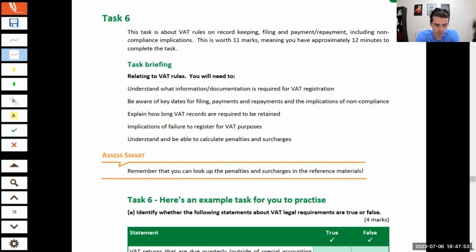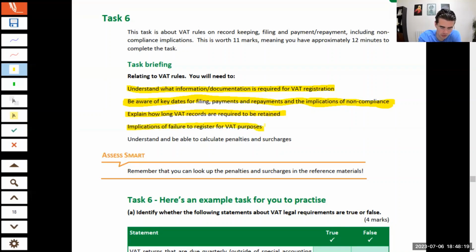So what do we need to know? Again, we need to understand key documentation, for VAT registration this time, not VAT returns. We need to be aware of key dates for filing, payments, repayments, and the subsequent implications of non-compliance. Explain how long records are required to be retained and kept.